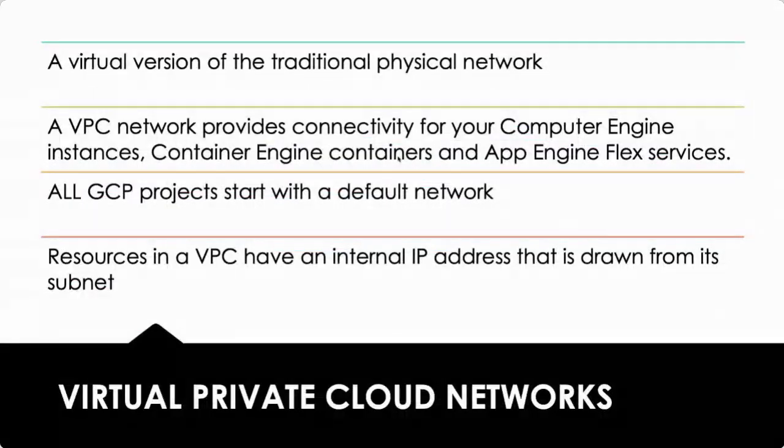So what is a virtual private network? If you have worked with networking, or with IT devices, which could be your servers, your machines, your workstations, your systems, you know that all of these resources need an IP address. And where does this IP address come from? For you to get an IP address, there needs to be a network, and within the network you need a subnetwork from where you will get an IP address allocated.